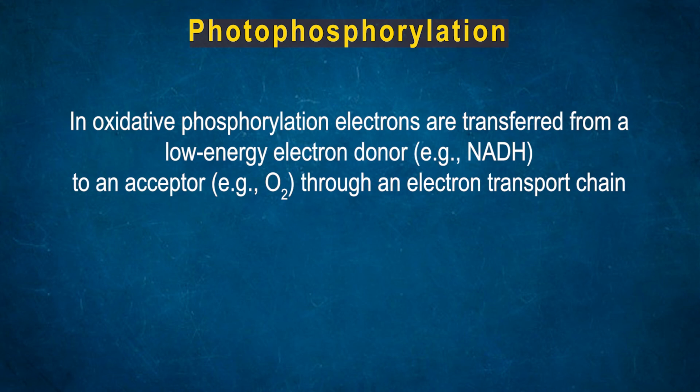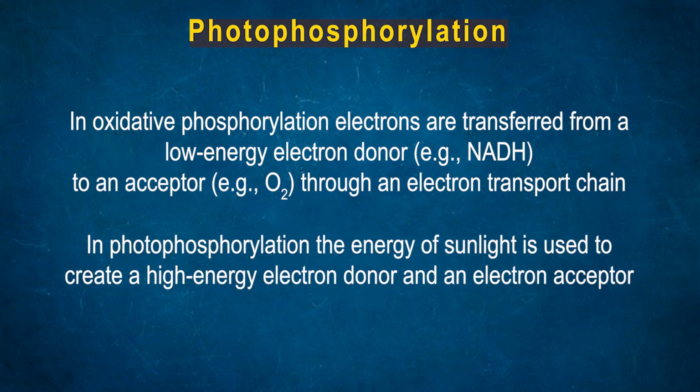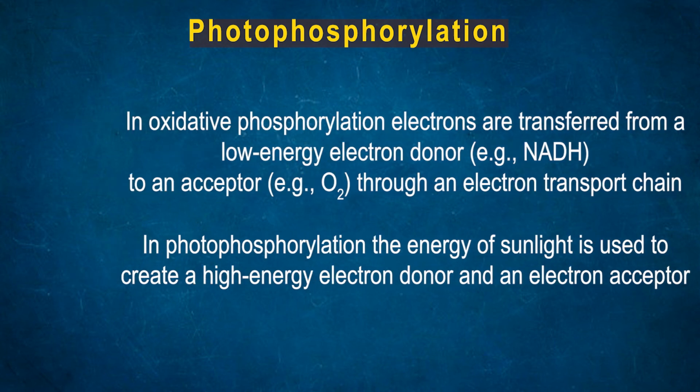Photophosphorylation. In oxidative phosphorylation, electrons are transferred from a low energy electron donor, that is NADH, to an acceptor, for example oxygen, through an electron transport chain. But in photophosphorylation, the energy of sunlight is used to create a high energy electron donor and an electron acceptor.